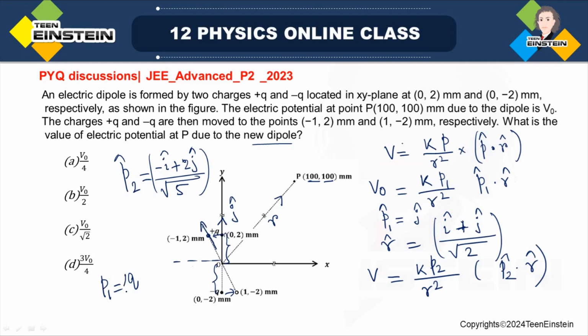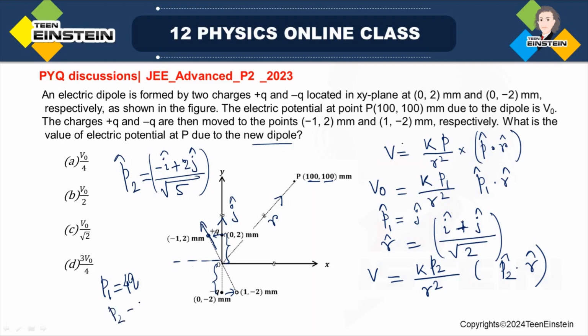So you will get 4 K, and obviously this is in millimeter, so coulomb into millimeter. I'm not changing the unit over here, because I have to find the value in terms of V0.